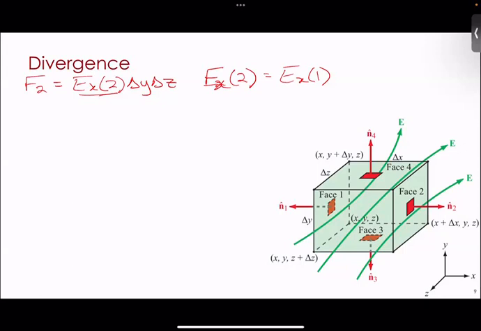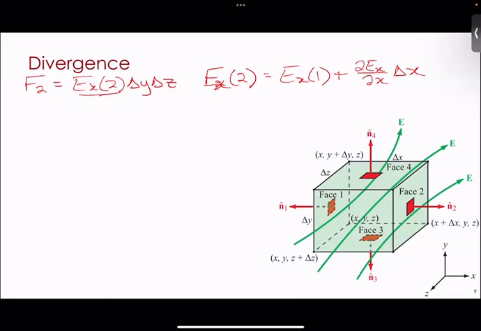Overall, it could be doing anything through this cube. We're approximating it to be Ex1 at the center of that face. If we wanted to write Ex2 in terms of its value at Ex1, we could start with Ex1 plus how the electric field changes in the x direction, over a distance delta x away.